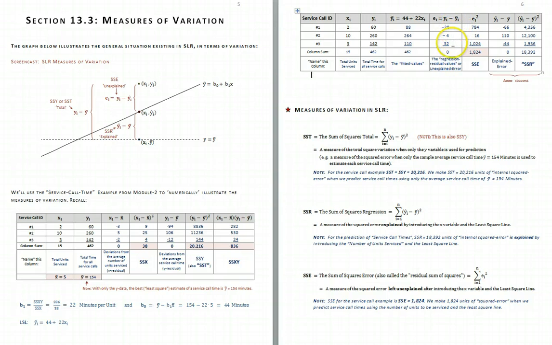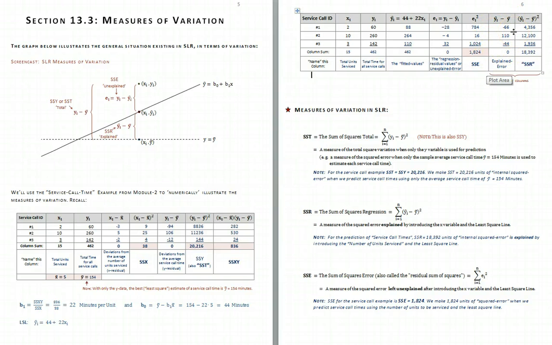Here are the regression residual values, which always sum to 0. And here are the regression residual values squared. When we add those up, we get SSE is 1,824. SSE is the amount of squared variation that's left unexplained after introducing the x data, in this case the units serviced data, and the simple linear regression line.